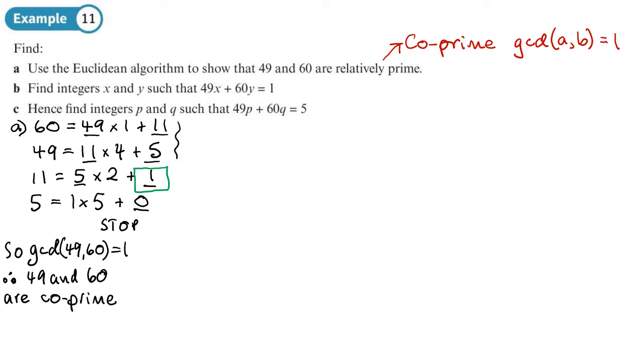Right, part B. Find integers x and y such that the multiples of x and y equal 1, right? So this is where we start with this part of our working, work backwards. So 1 is equal to 11 minus 5 times 2.